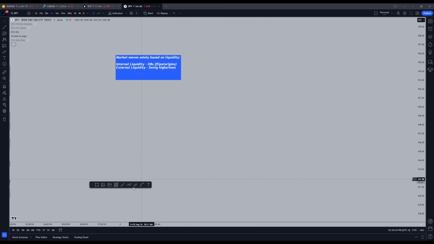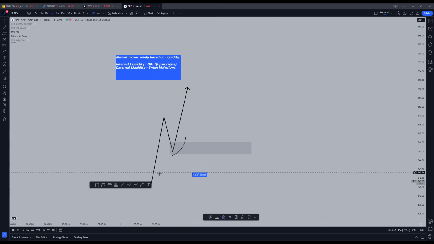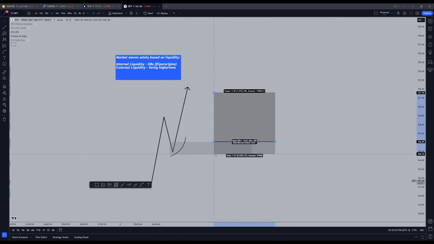Now, also there are situations where I teach you guys about inducement, right? So some people will take a demand zone here, but we as traders that teach you guys based on liquidity concepts and inducement, this is clearly inducement here. And so all those traders that are taking reactions off this POI are getting stopped out early, because they don't understand how to predict the market.